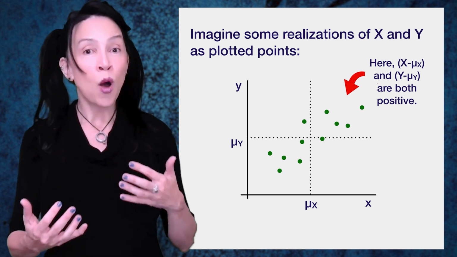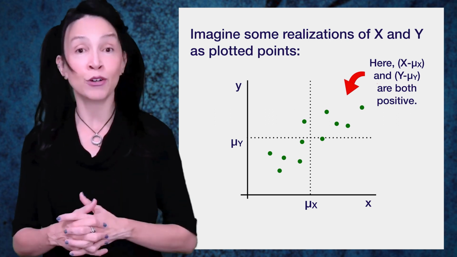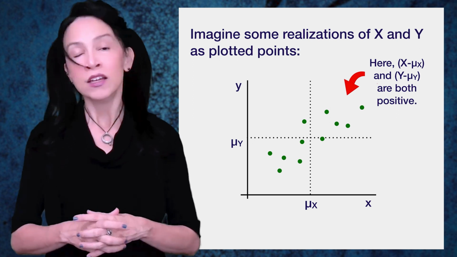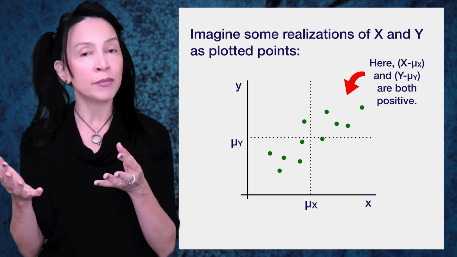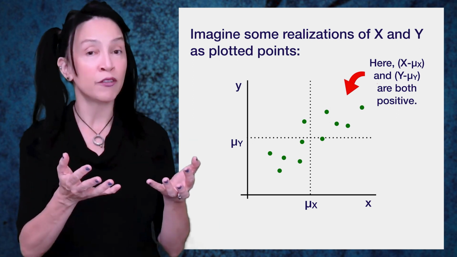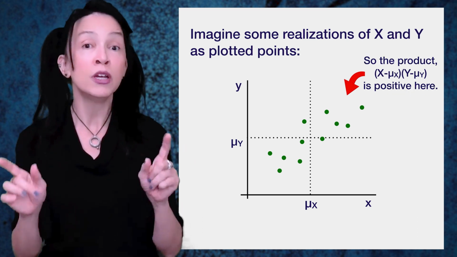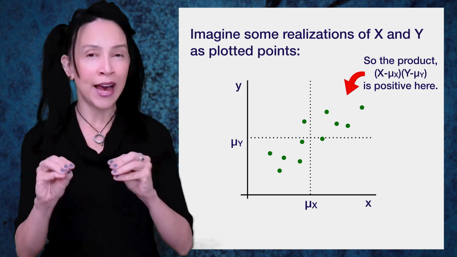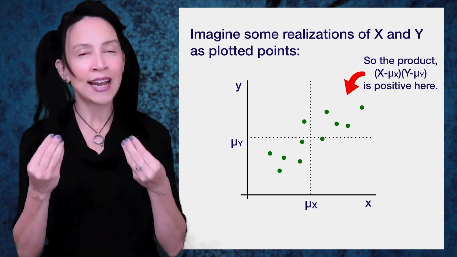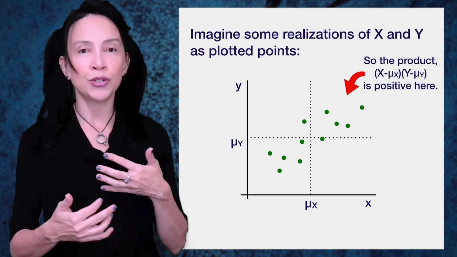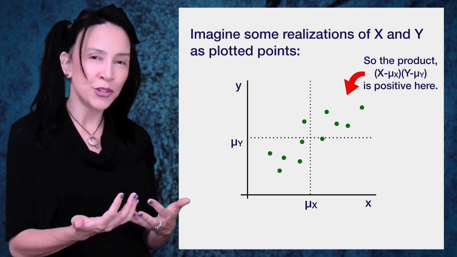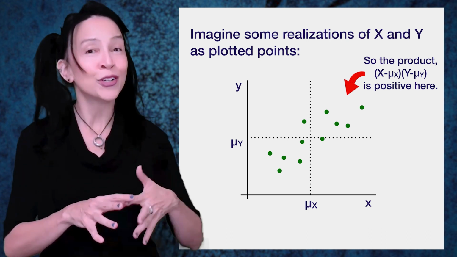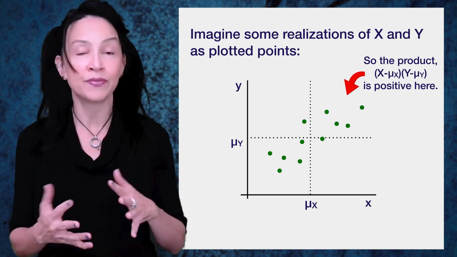And so Y minus mu Y is greater than 0 for all the points up here. So if you look at X minus the mean for X times Y minus the mean for Y, we've got two positive numbers multiplied. That is positive, and we're going to put values like that into an average. Again, trying to estimate the expectation, which is a probability weighted average, with some kind of real average.